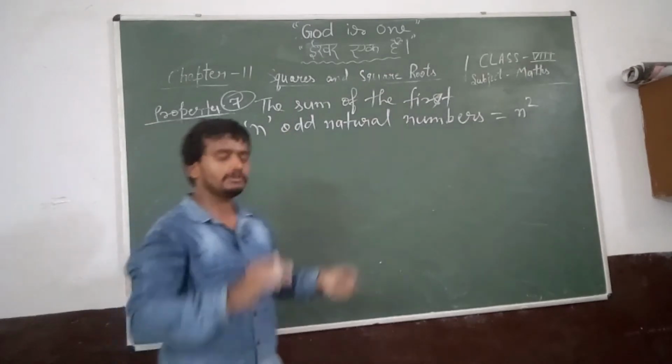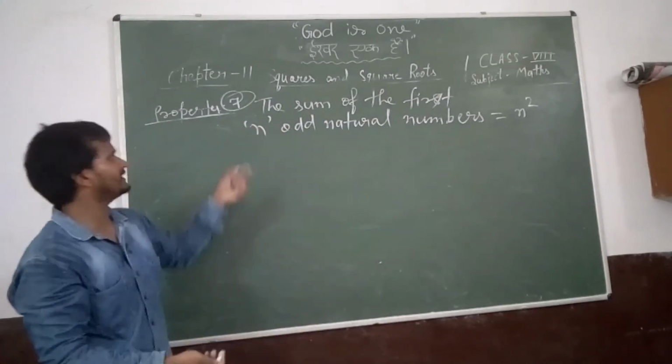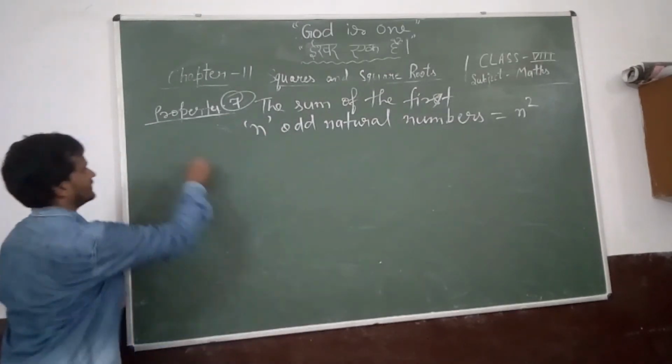Here n may be 3, 4, 5, 6, 7, 8. It is clear by an example.